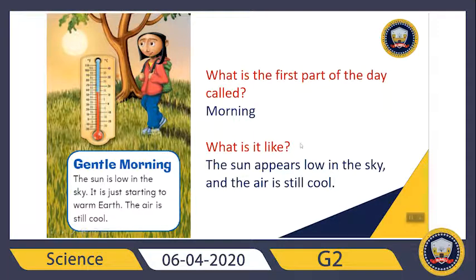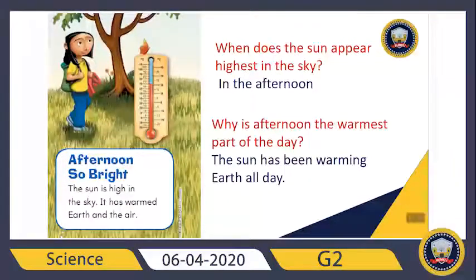Let's see the second part of the day. Afternoon. The sun is high in the sky. It has warmed the earth and the air, so the air will not be cool. It's warm. When does the sun appear highest in the sky, in the morning or afternoon?